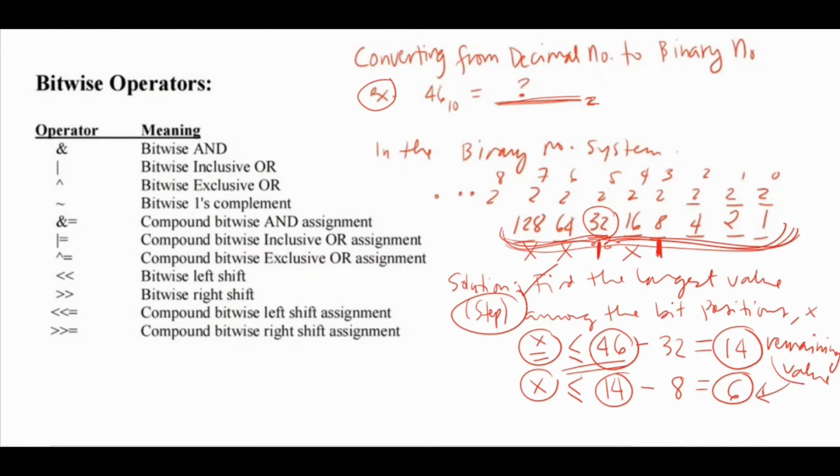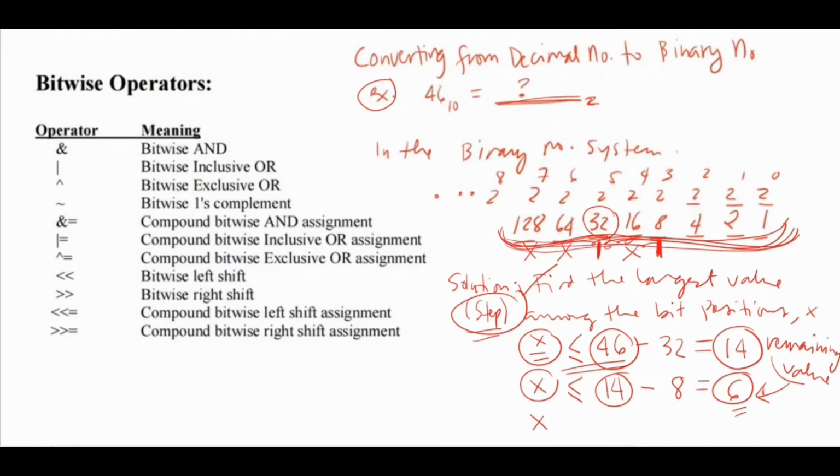And then we do this again. Find the largest value among these bit position integer values which is less than or equal to the remaining value, which is 6. So what is X?